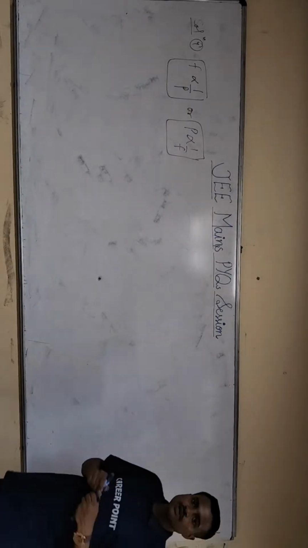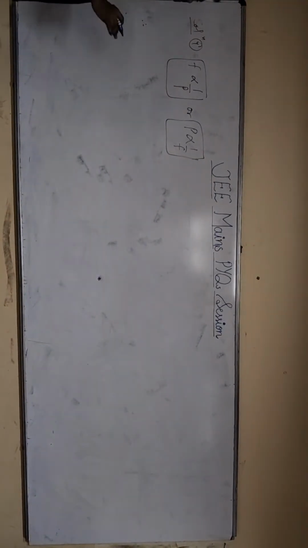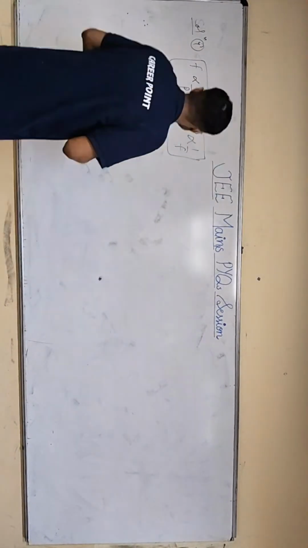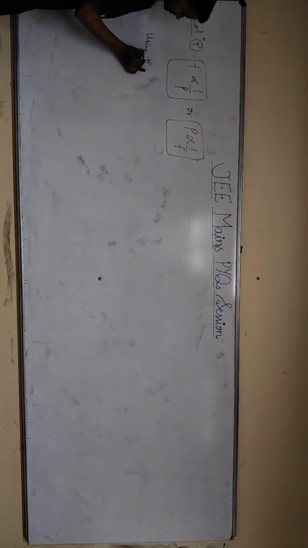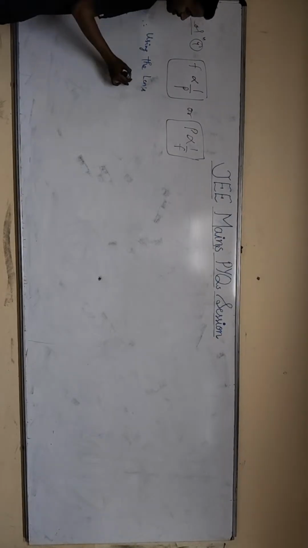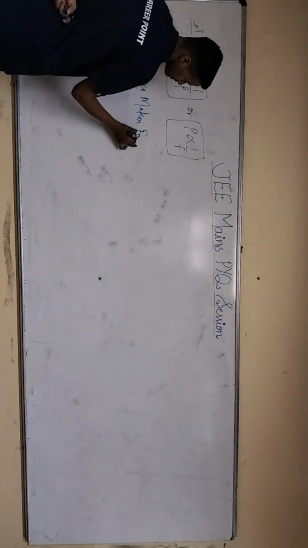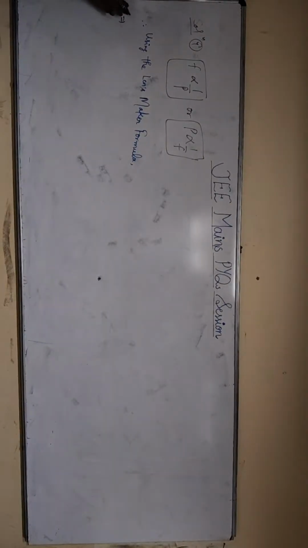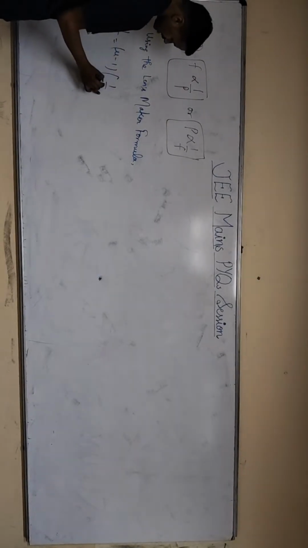So I can tell you, as in the previous question, that the only formula which can establish the relationship is the lens maker's formula, which is nothing but 1 upon f equals (mu minus 1) times (1 upon R1 minus 1 upon R2).